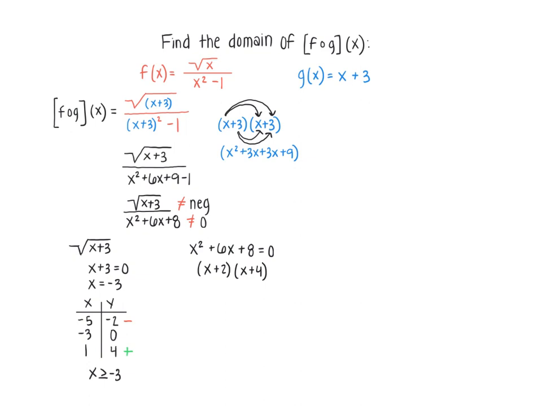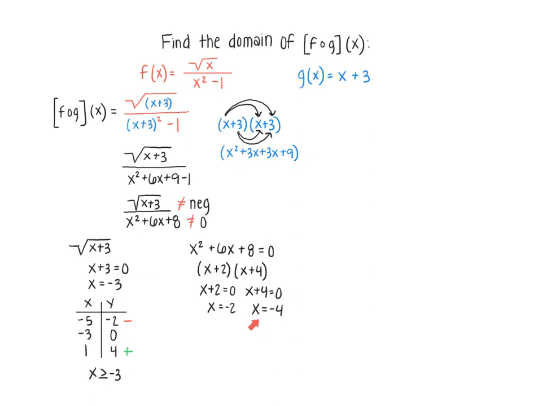And now I have to set each individual factor equal to 0. So x plus 2 equals 0 and x plus 4 equals 0. So x here is going to equal negative 2 and x here is going to equal negative 4. I know at this value and at this value, my denominator equals 0. So my x values cannot be negative 2 and negative 4.